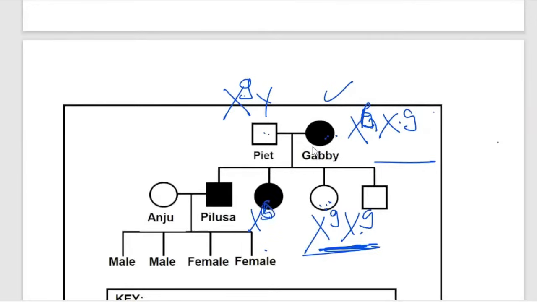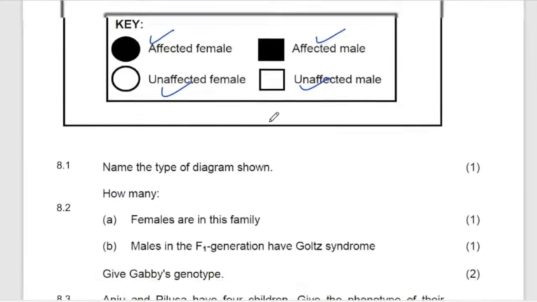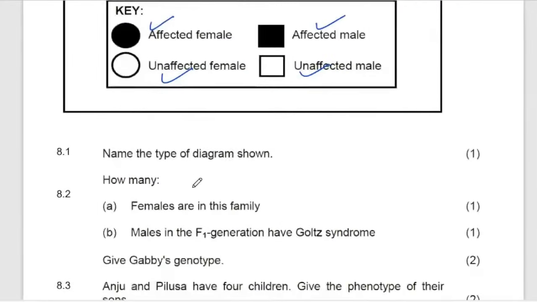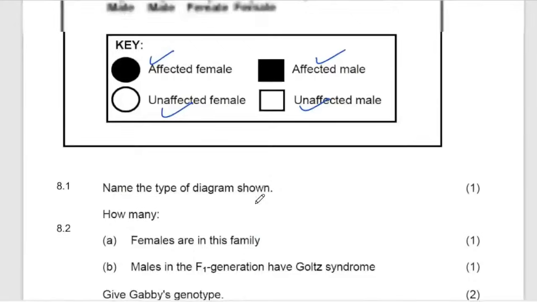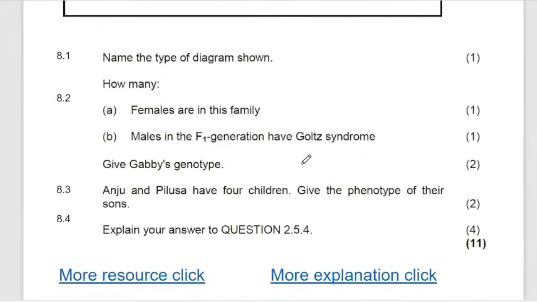It's going to be capital G and small g. Why? Because one X came from here, then another G came from there. You understand? Yes. Now, name the type of diagram: phylogenetic tree. How many females are in this family? We talked about them: 1, 2, 3, 4, 5, 6.